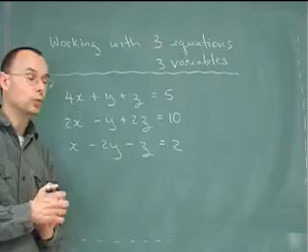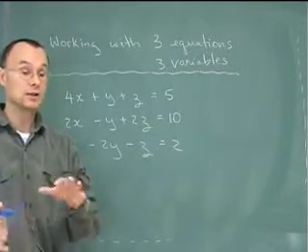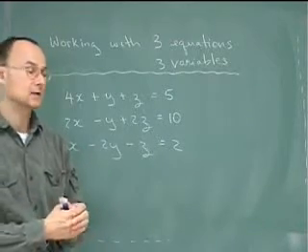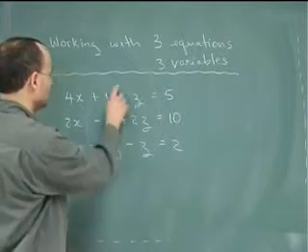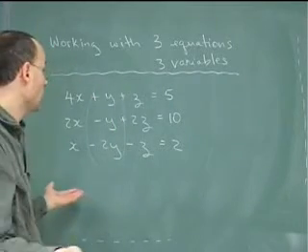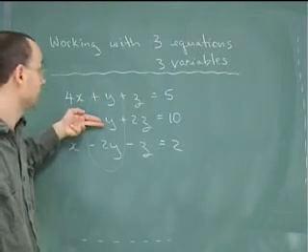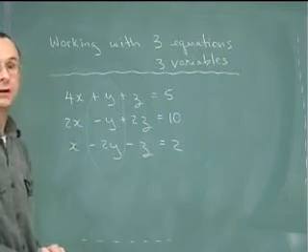I look for which variable would be the least amount of work, the least amount of doctoring of equations to provide me with some elimination. I think in this example, I'm going with the y's. For the obvious reason, if I add the top two equations together, the y's disappear, and there's really no doctoring required.